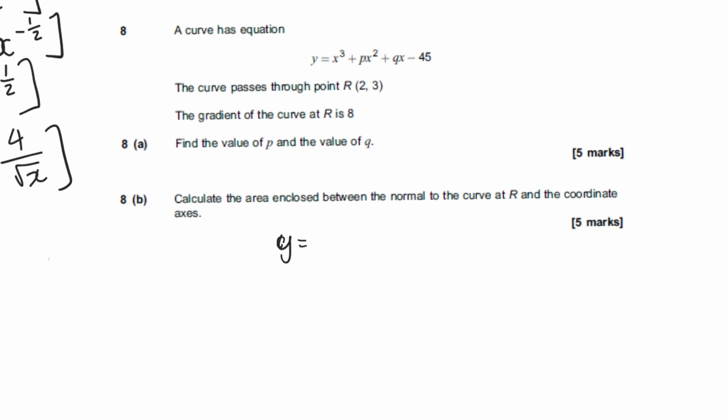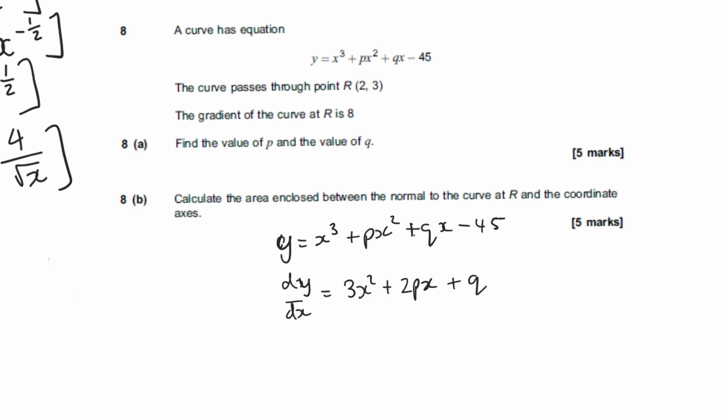Okay, so I'm going to rewrite the formula. Then dy by dx, differentiated, would be 3x squared plus 2px plus q, and the minus 45 will disappear.